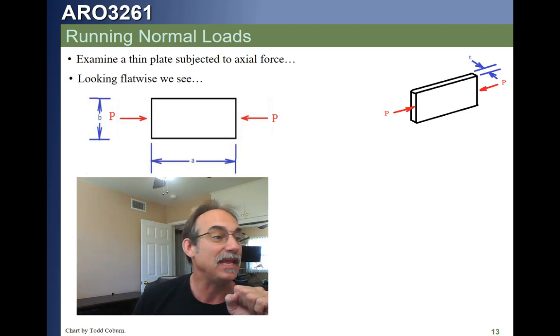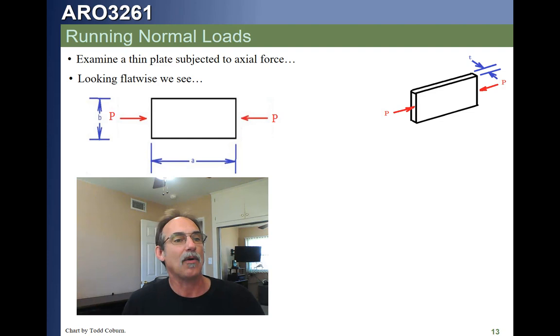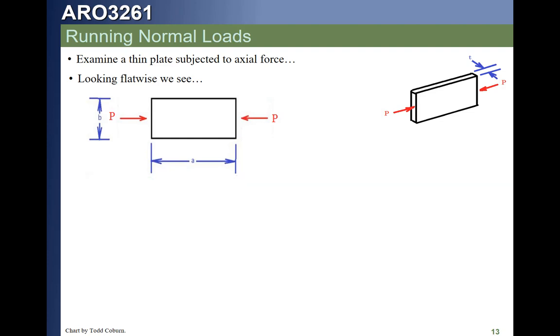That's completely wrong, because the area that's normal to the force is the one that's shown right here. That area is T times B. So the stress is P over BT.